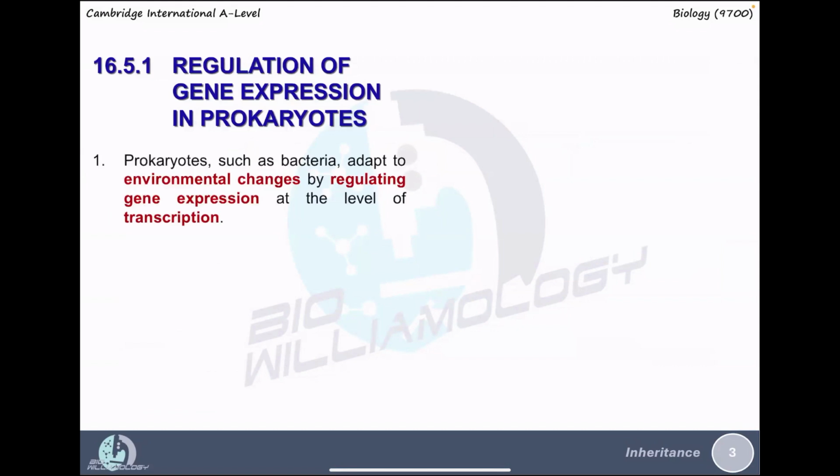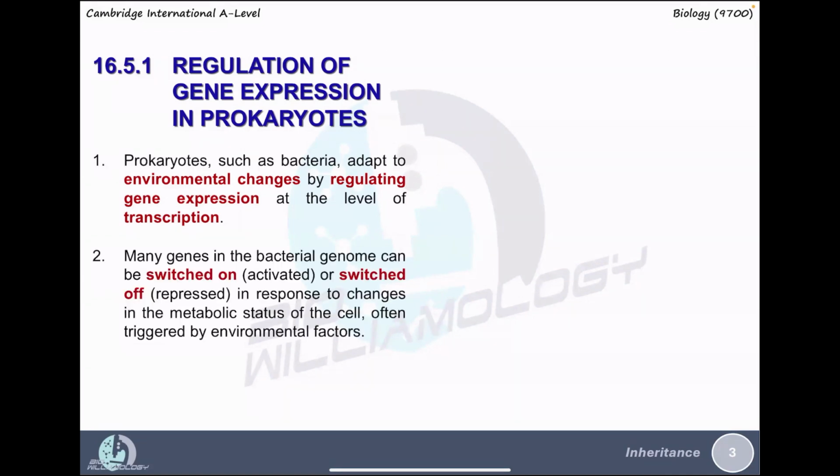Prokaryotes such as bacteria adapt to environmental changes by regulating gene expression at the level of transcription. So many genes in the bacterial genome can be switched on, or we say activated, or switched off, which basically means deactivated, in response to the changes in the metabolic status of the cell, which is often triggered by environmental factors.